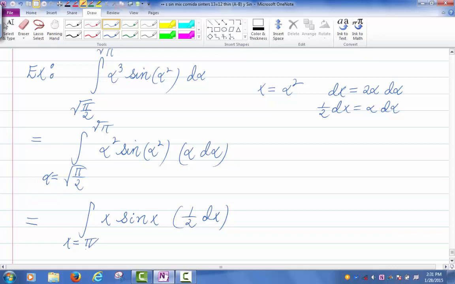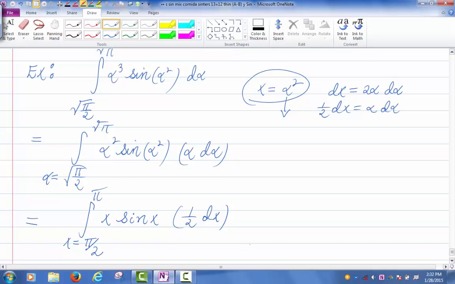It's the square of that, right? And when alpha is the root of pi, x would be just pi. Right? Everybody's okay with that? Remember, we picked x to be alpha squared. So if alpha is root of pi, then x would be pi.